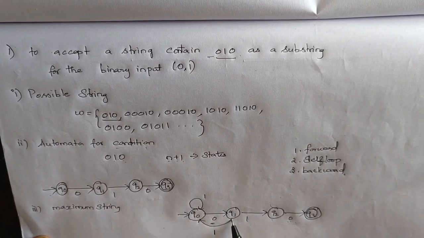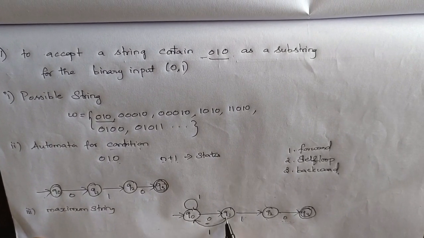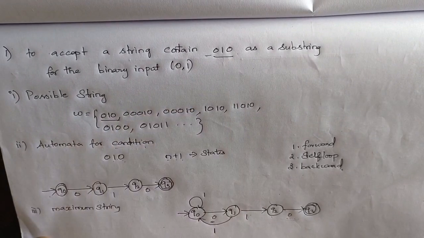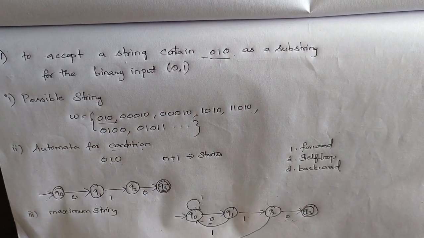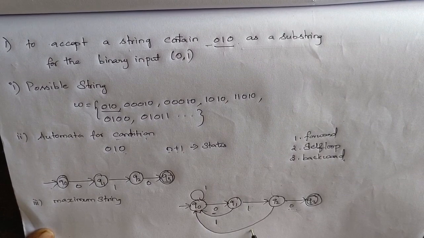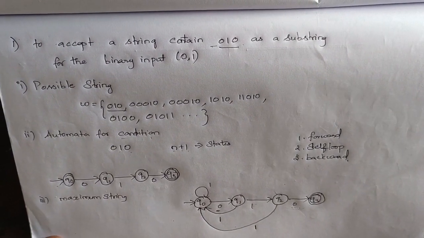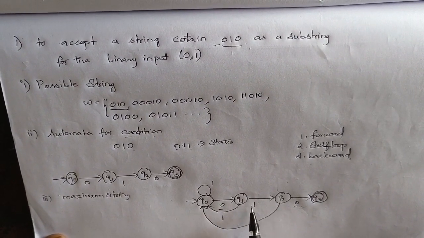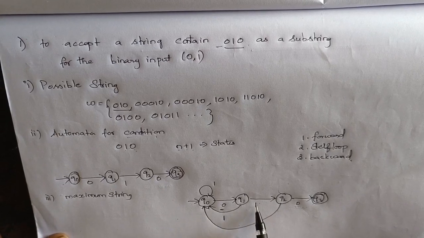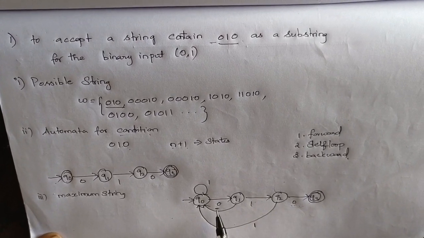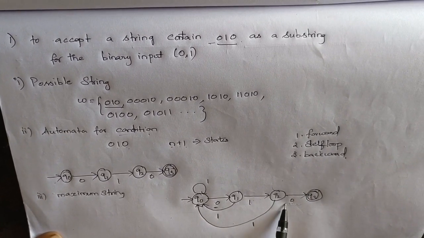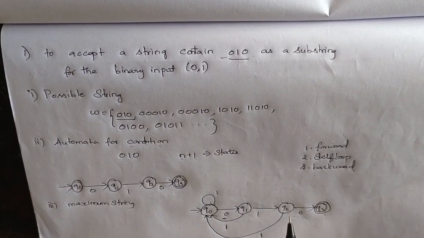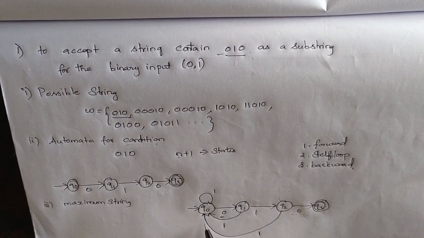If we give it to Q1, it is 0, 1, 1, 1, 0, so the 0, 1, 0 substring fails. If you give it to Q0, it is 0, 1, 1, 0, 1, 0, so we can see the substring 0, 1, 0 when we reach the final state. So for Q2, 1 is transferred to Q0.